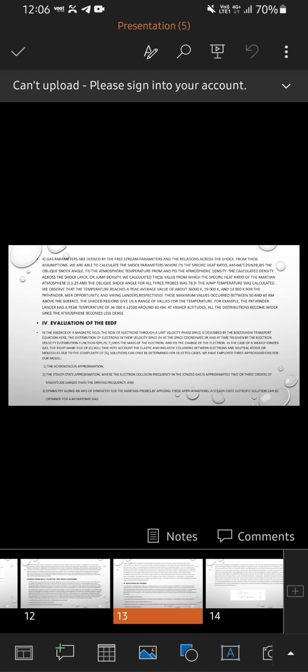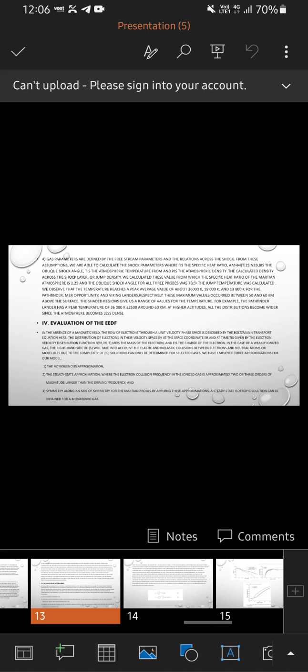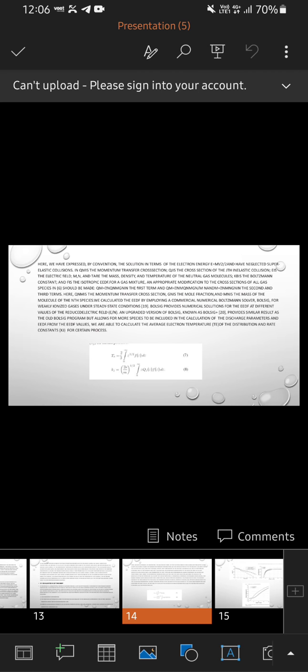By applying this approximation, isotropic solutions can be obtained for a monoatomic gas. Here we expressed by convention the solutions in terms of the electron energy ε = mv²/2 and have neglected superelastic collisions in equation 4.